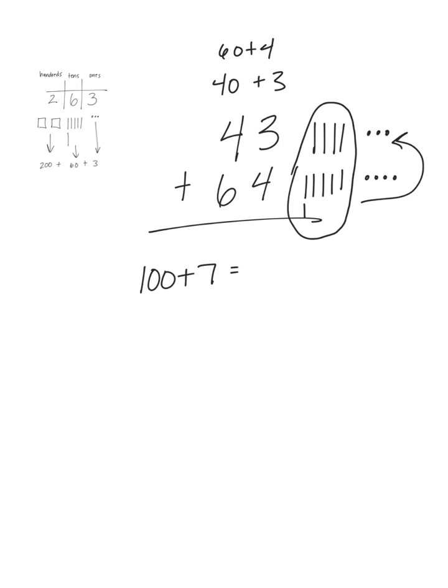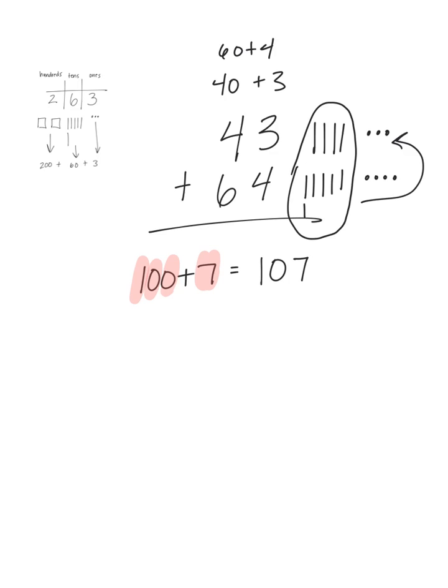So I can look at my hundreds place. How many hundreds? Well, there's 100. How many tens? Well, there aren't any. And how many ones? Well, there's none there, but there are 7 here. So 107.